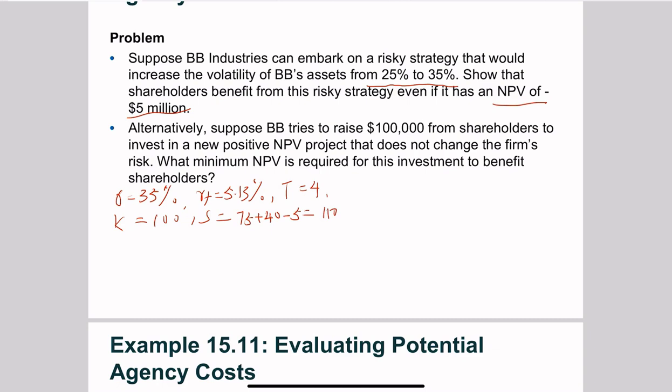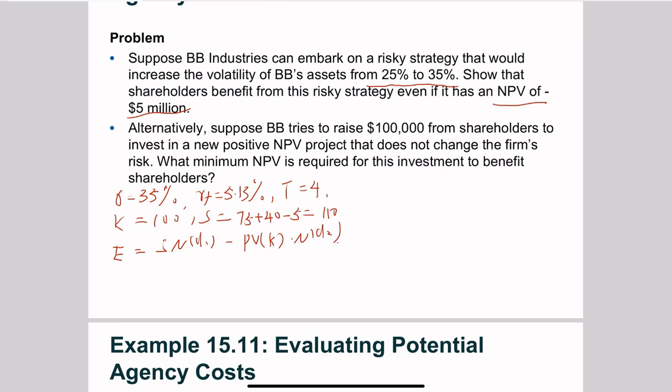So we can now value the firm's equity, right? So remember that now it equals S times N(d1) minus PVK times N(d2). And then you will basically repeat the same process we have done before when we were using the Black-Scholes model.